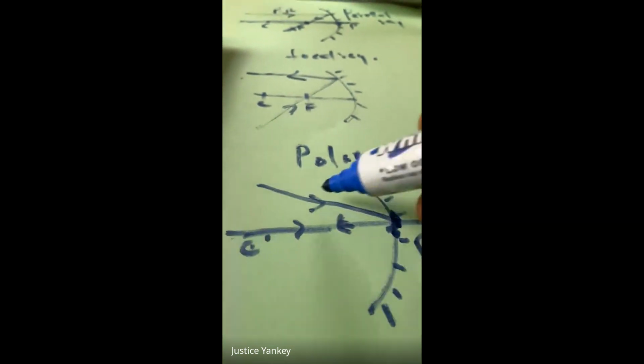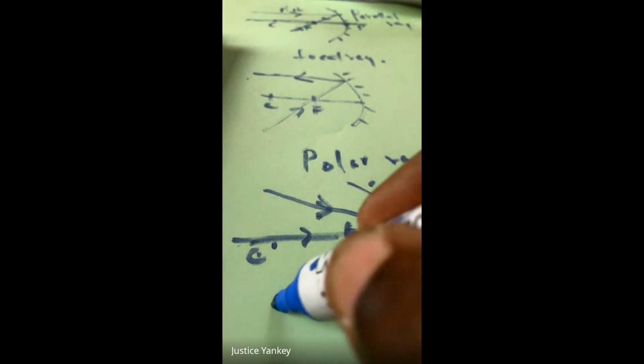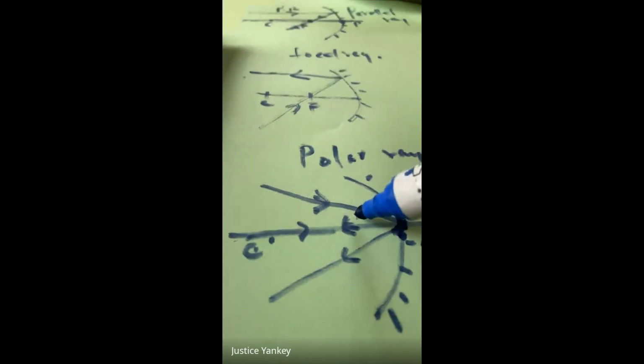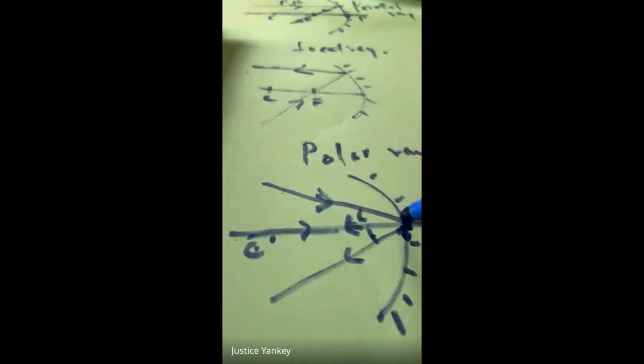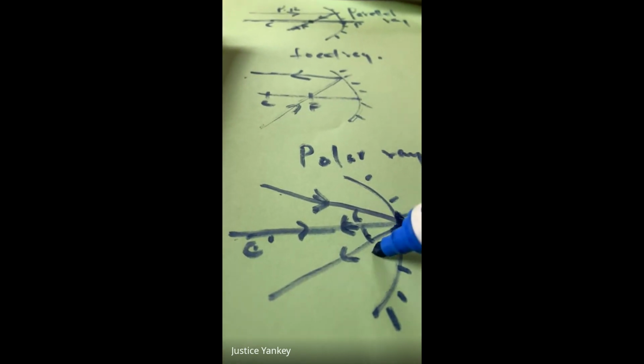Now, any ray that hits the pole like this will obey the laws of reflection and be reflected that way, so that the angle of incidence equals the angle of reflection. This ray which hits the pole is called the polar ray. We will need it in constructing our images.